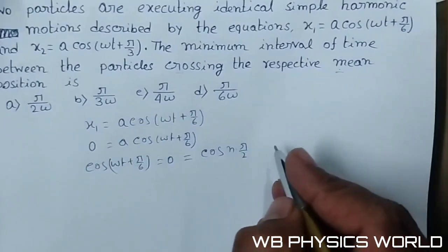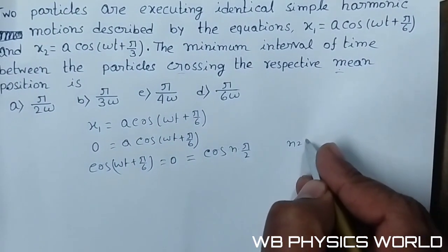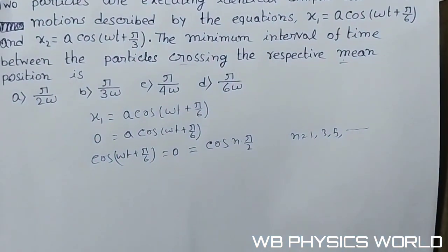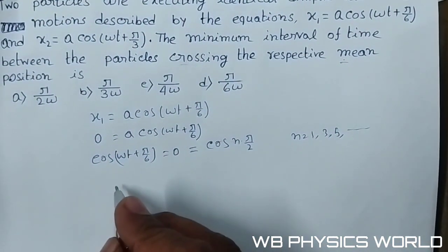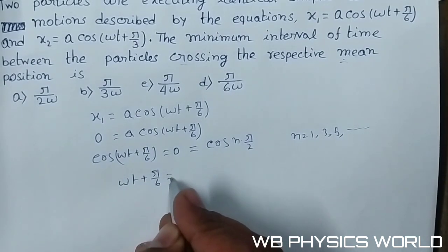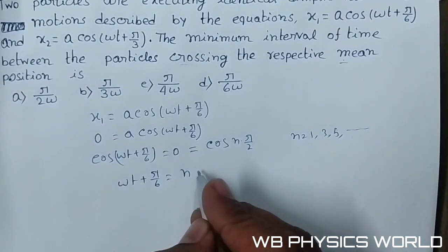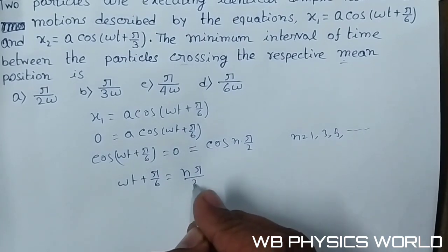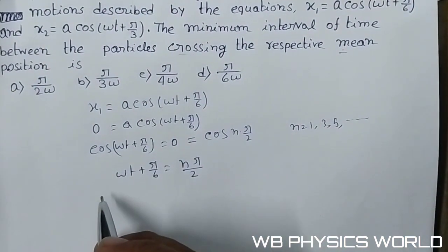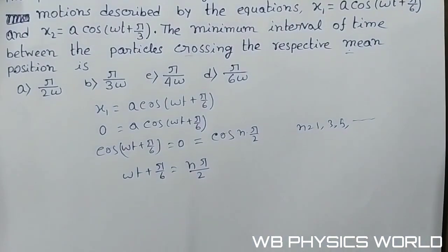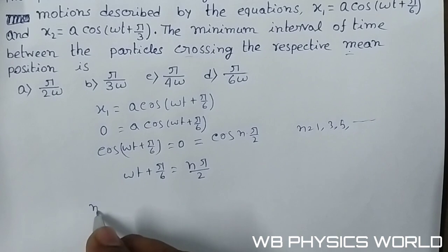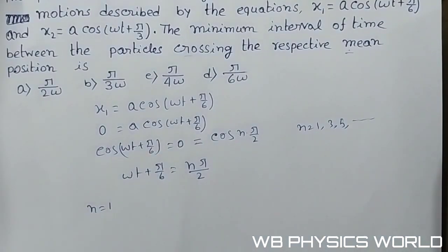So here n equal to 1, 3, 5. Comparing both sides, omega t plus pi by 6 equal to n pi by 2. For the smallest value of time, we take n equal to 1.